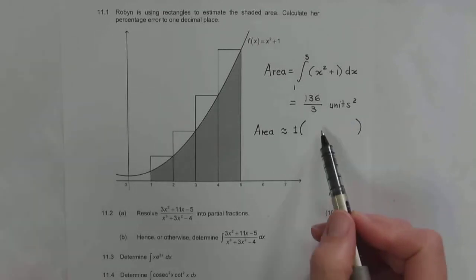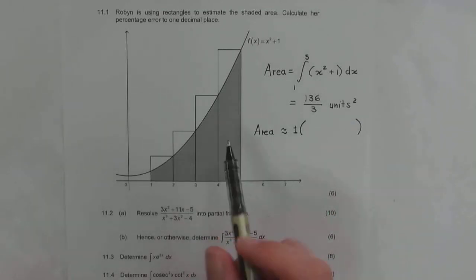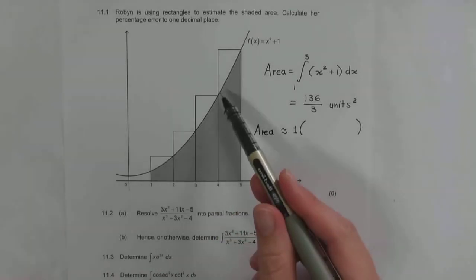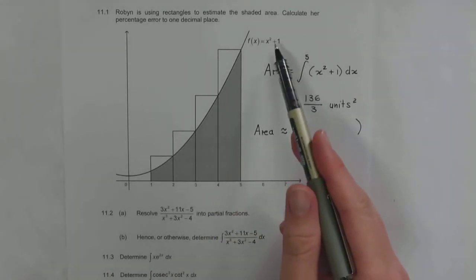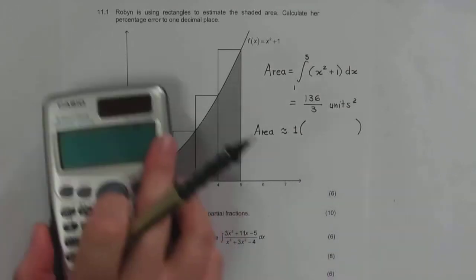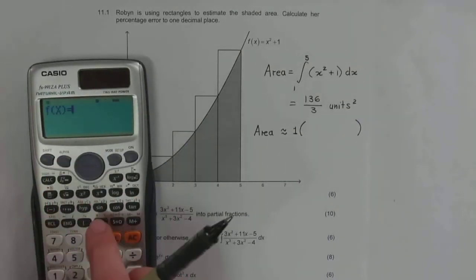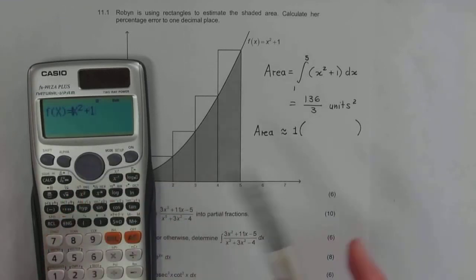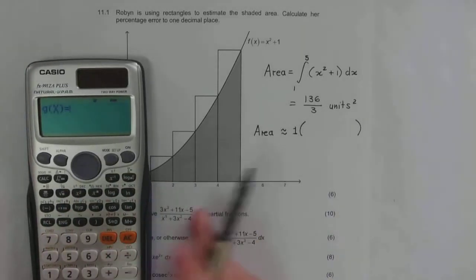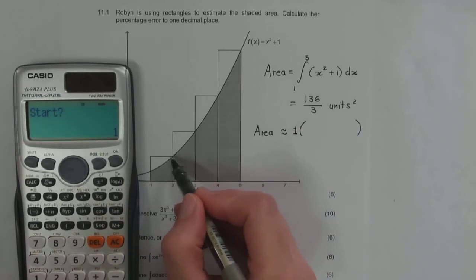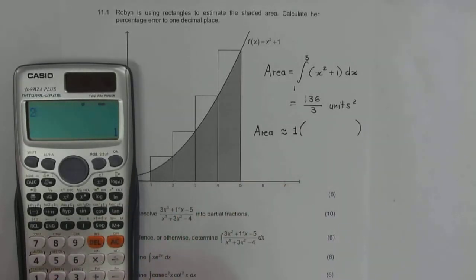Then I have to work out the heights of each one of these rectangles, at 2, at 3, at 4, and at 5 of that function. So I'm going to use my table function and type in x squared plus 1, start at 2, get me the f value at 2, and end at 5, stepping in ones, because my width is 1.